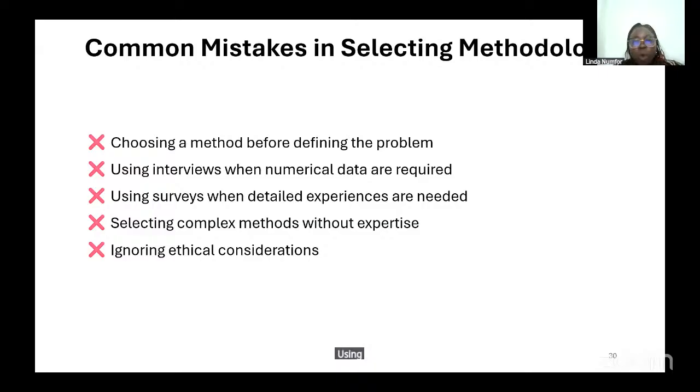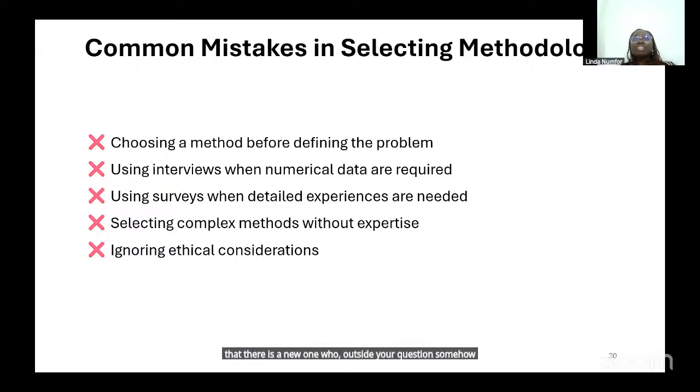Using interviews when numerical data are required. You are supposed to check the new filter and the old water filter. You decide to do an interview, and a person who has never even known that there is a new one will answer your question somehow.